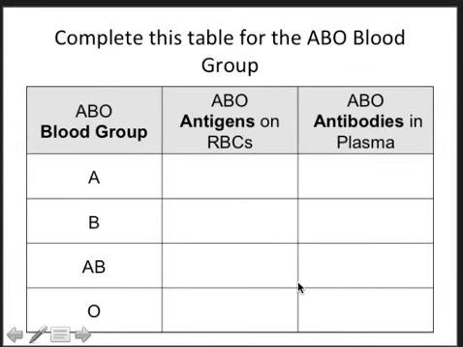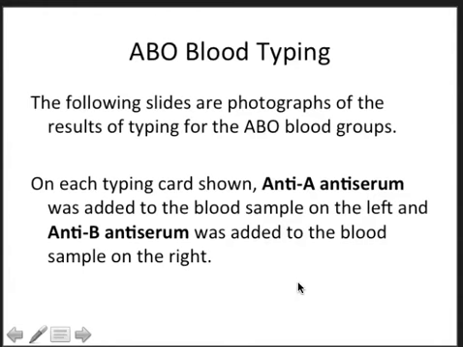What we're going to do here is take a look at some typical blood typing results so that you can determine the blood type based on what you see in a particular blood typing card or, say, up on a PowerPoint. The following slides are photographs of the results of typing for the different ABO groups.